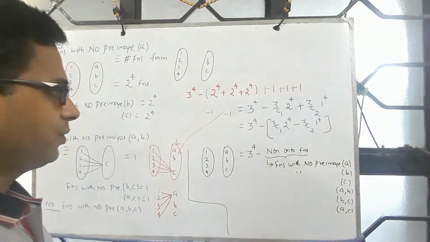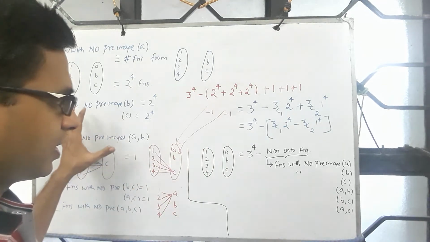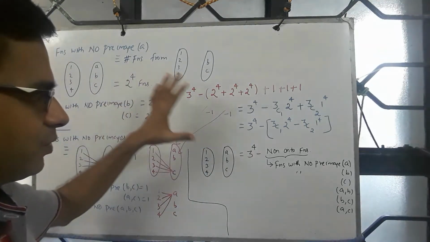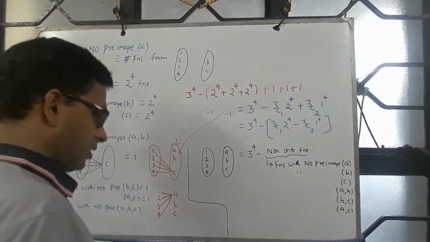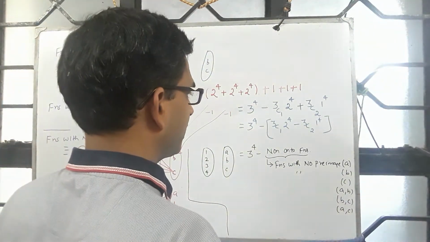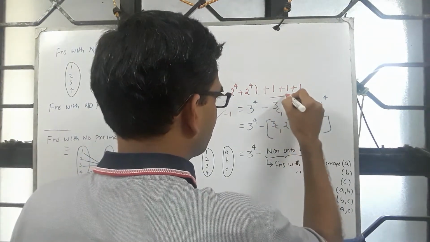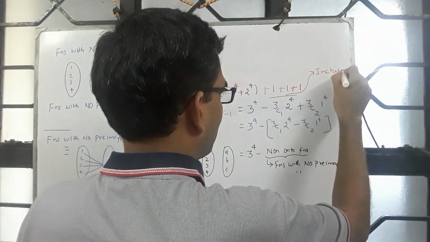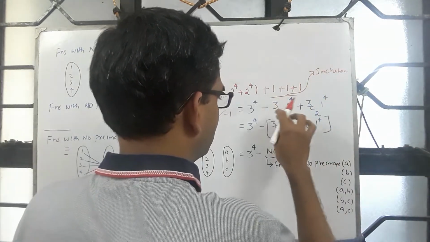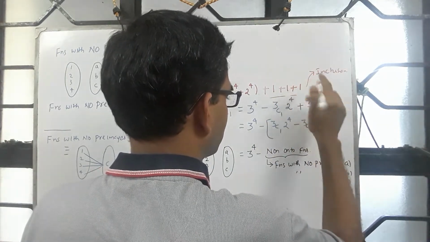Now what we will do is scale this approach and consider a set of size n to a set of size m and see how to count this. Now this clearly tells you that I am trying to include something and exclude something. So this is inclusion, and this comes with a minus.